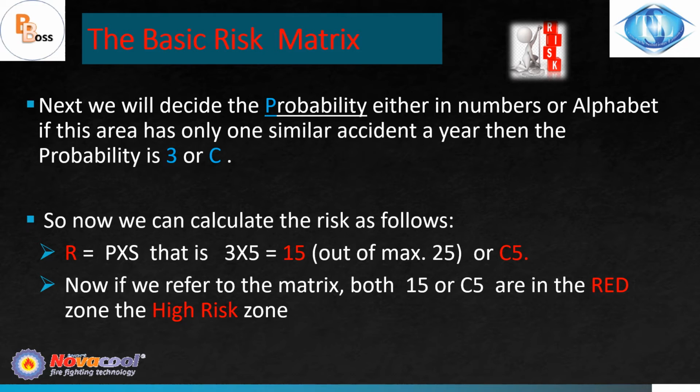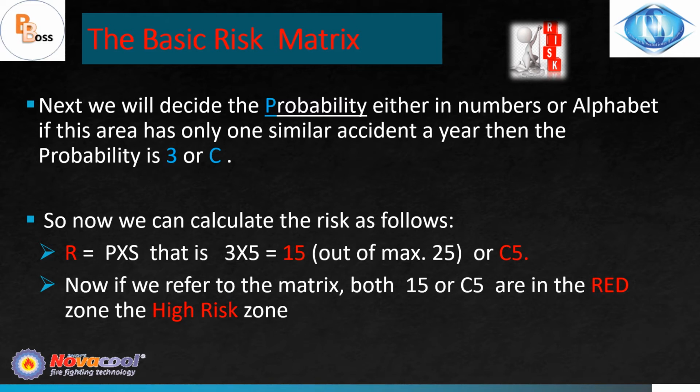Now we can calculate the risk because we know risk is P times S. And the probability was C or 3, and the severity was 5, and that makes the risk either 15 or C5. Both of them we can use, depending on which system you're using.